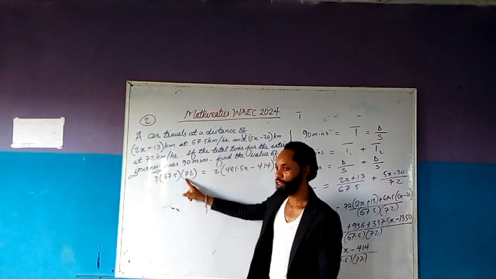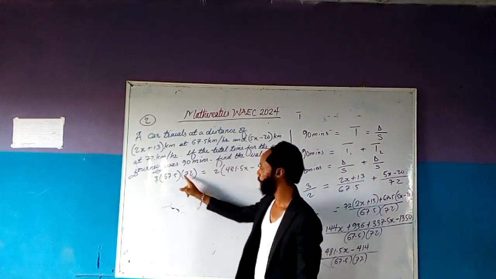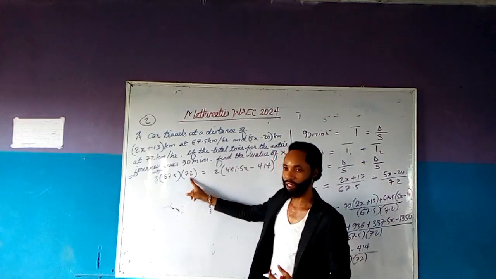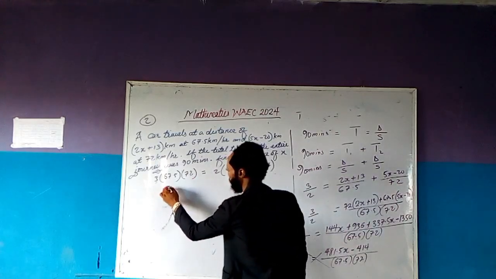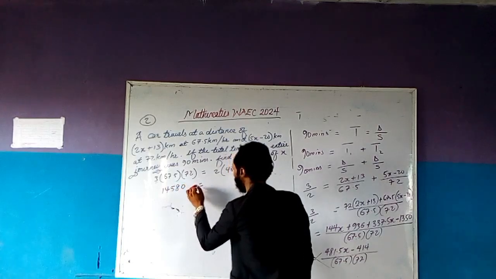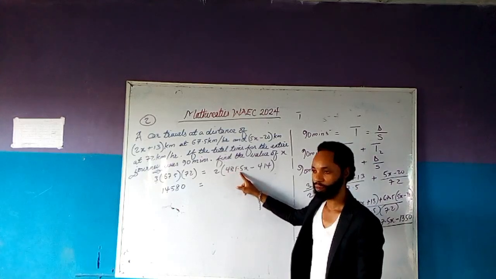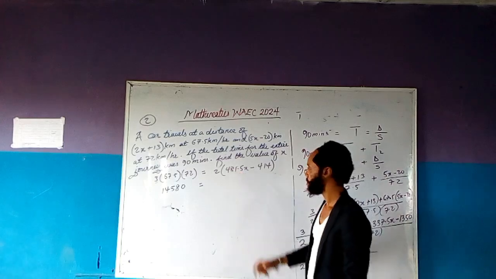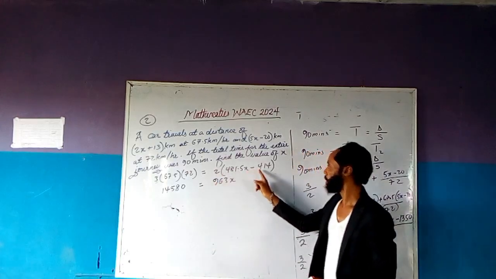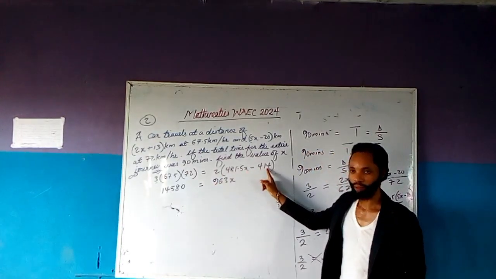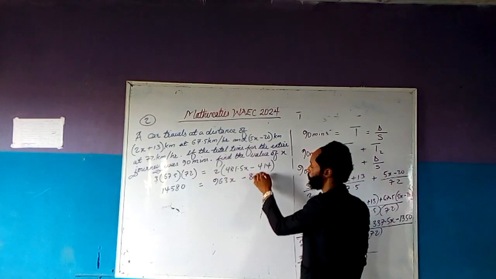What do we have for the 3? 14,580. So 14,580 equals 2 times 481.5x, which is 963x. Then 2 times negative 414, what do we have? 828.